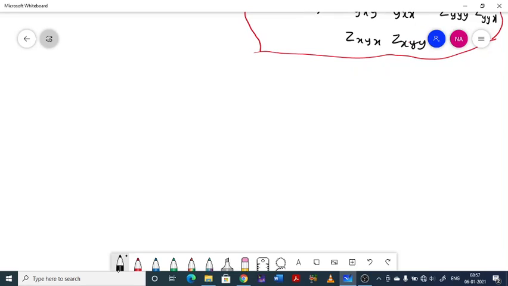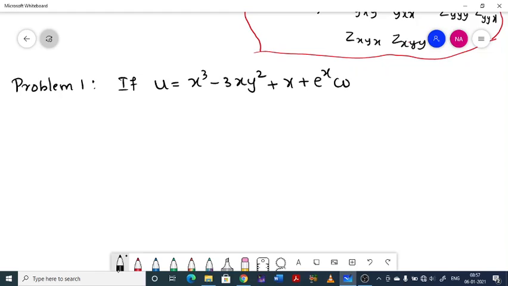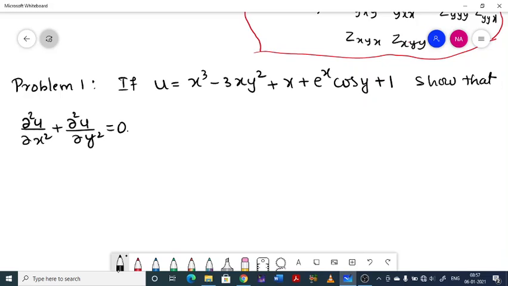Problem 1. If u equals x cube minus 3xy square plus x plus e power x cos y plus 1, show that dou square u by dou x square plus dou square u by dou y square equals 0.